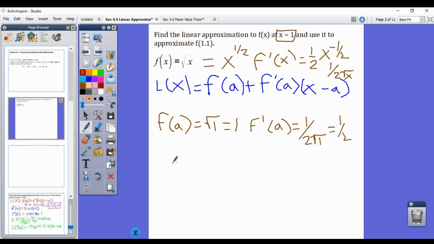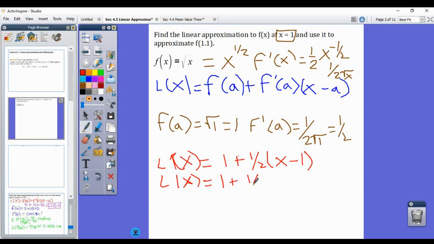So I'm going to say that my linear approximation function is 1 plus 1/2 times x minus 1. All right, so I can distribute that. I'm going to get 1 plus 1/2 x minus 1/2.